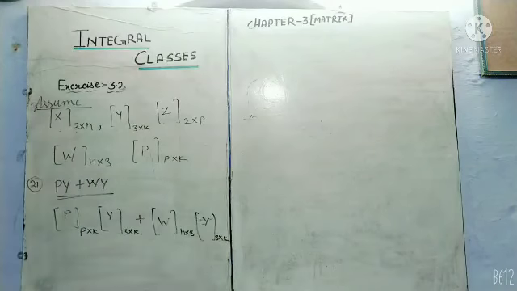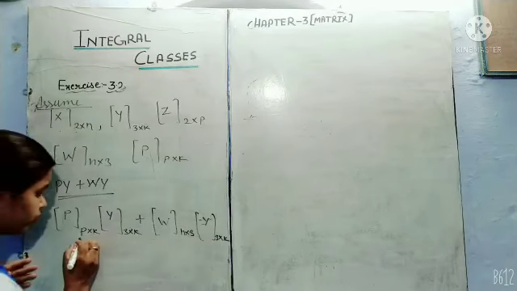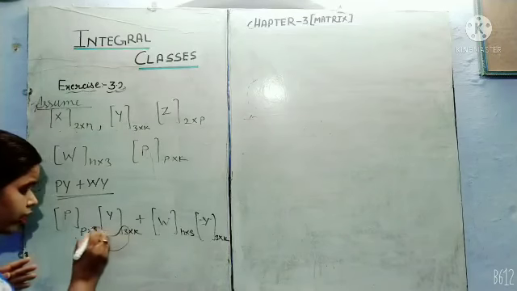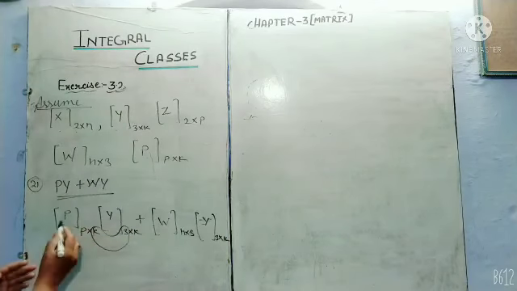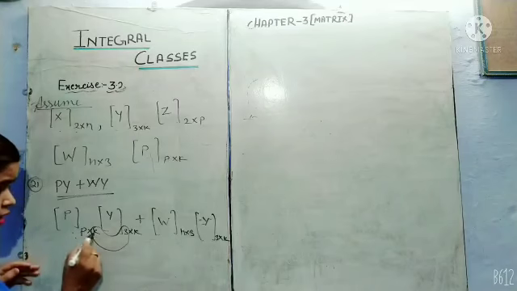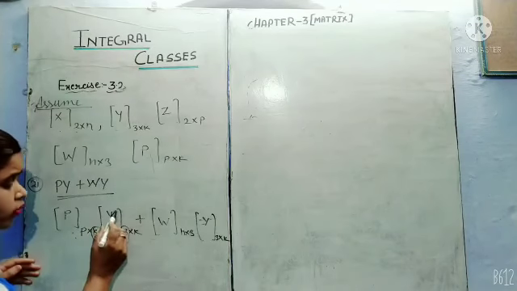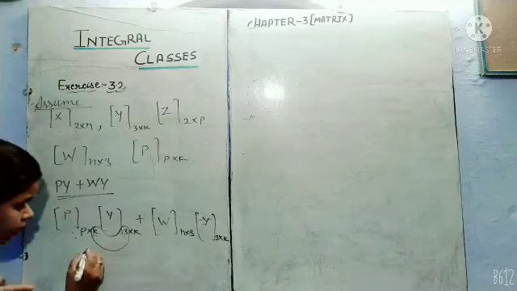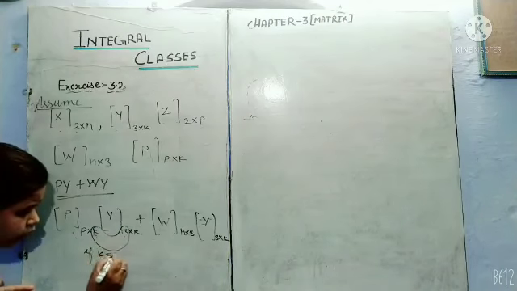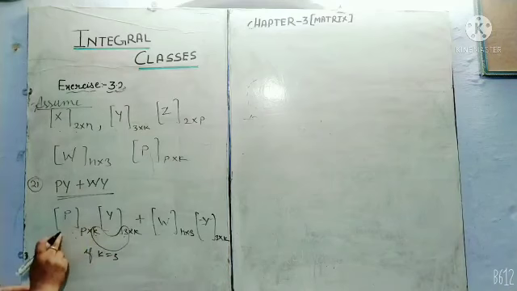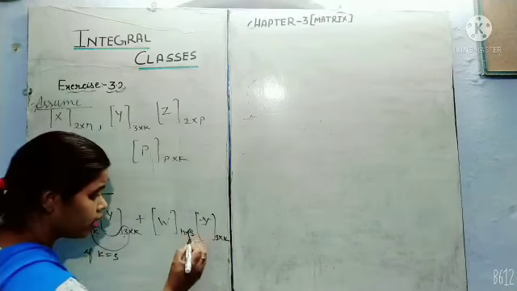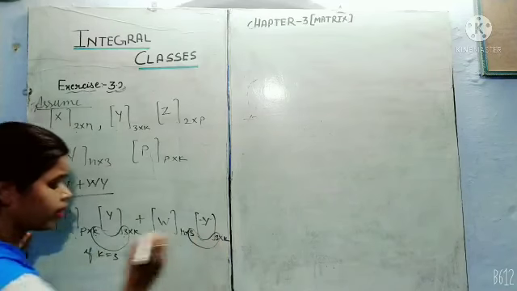So student, as we know, when these two matrices are multiplied, the columns of the first matrix are the same as the rows of the second matrix. So if k equal to 3, then they can be multiplied to each other. Again here 3 is common.